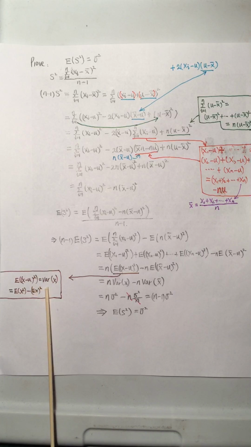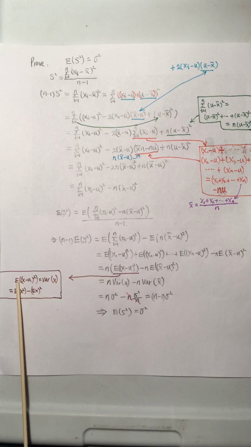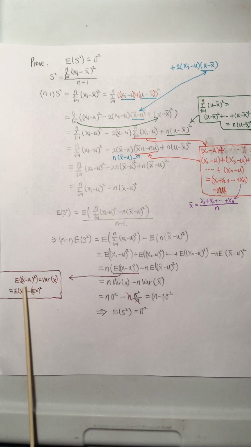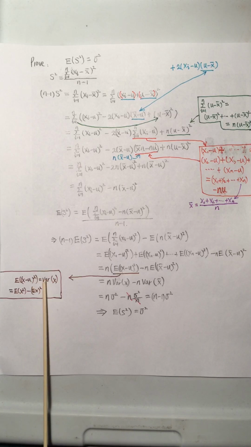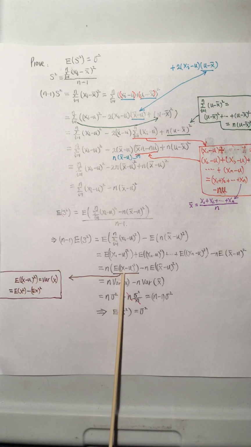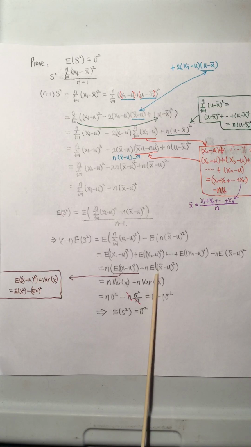Notice that the variance of x is by definition equal to this, as well as this, but we only need this part. That's why we can substitute the variance of x for this expression. It gives n times the variance of x. And for the same reason, this is going to be the variance of x bar.